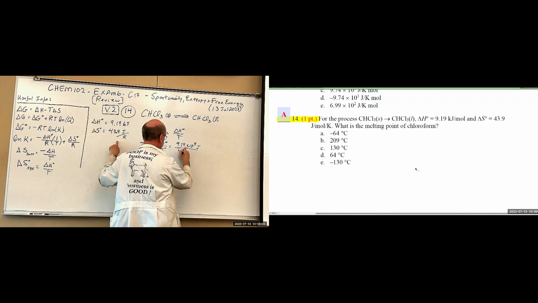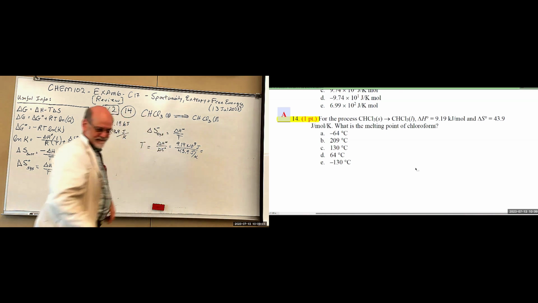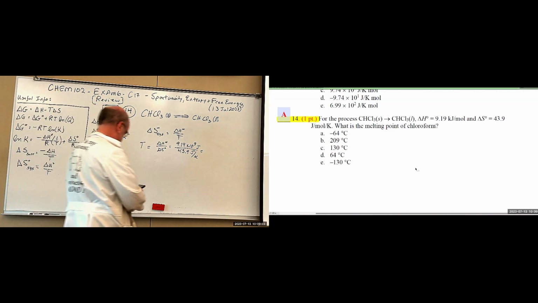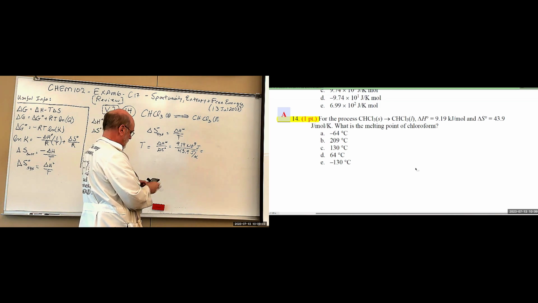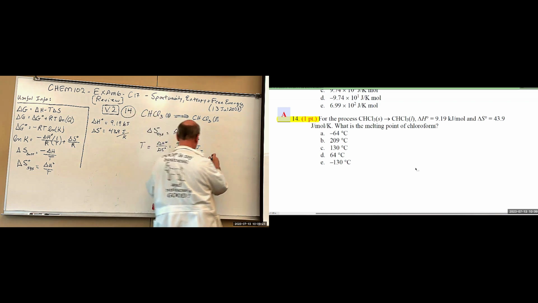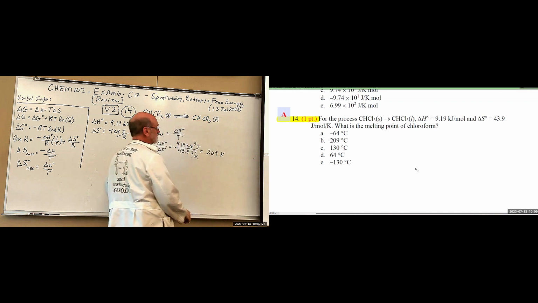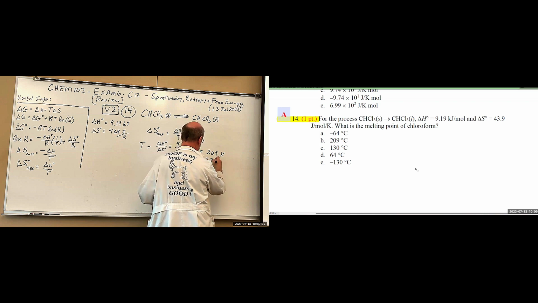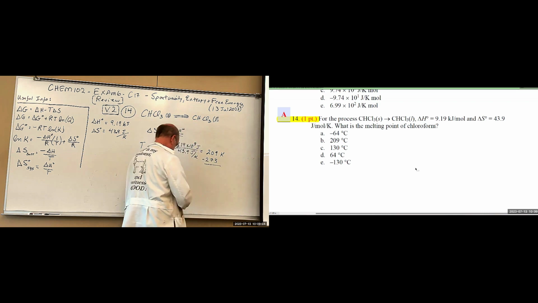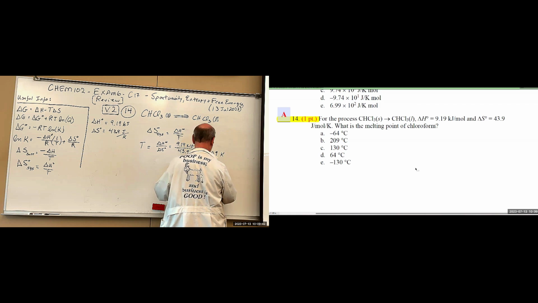And this one we can leave just like it is, joules per K. 9.19 times 10 to the third divided by 43.9 is 209 K. And of course it's in centigrade, Celsius, so I need to subtract 273 from that, which is minus 64 degrees C.